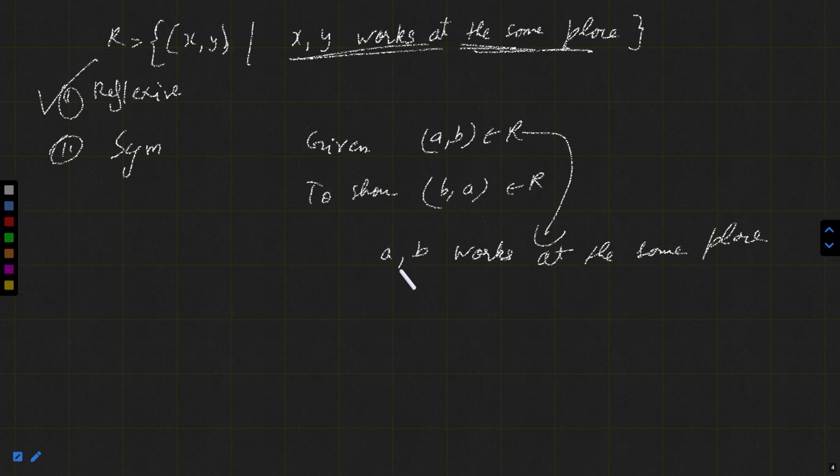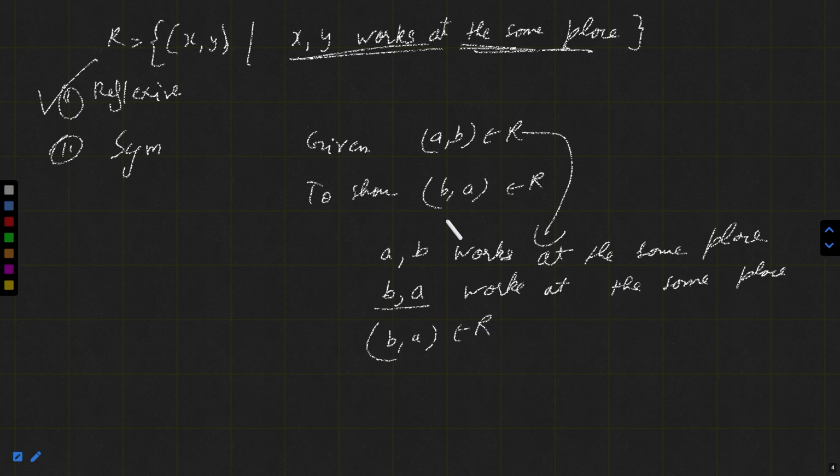So do b and a work at the same place? Yes. If a and b are working at the same place, so do b and a. So (b, a) belongs to R by the simple definition. So this means it is symmetric also.